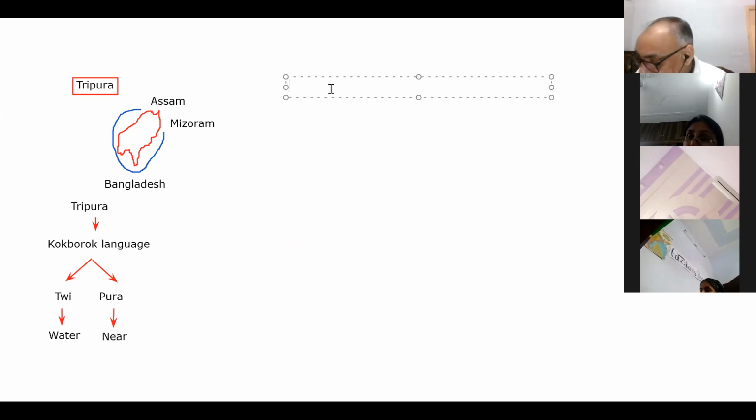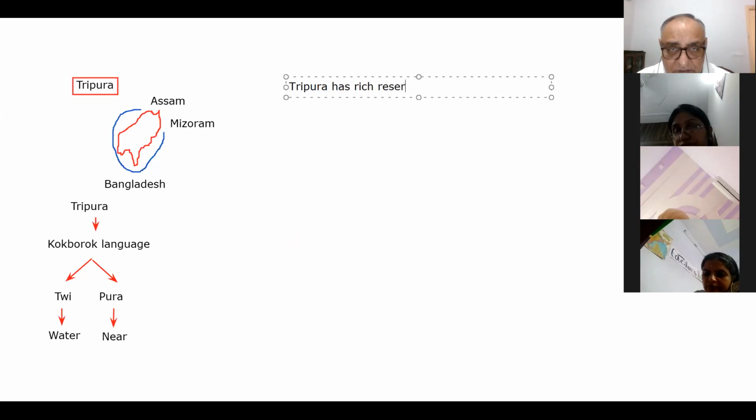Next is beta, Tripura has rich reserves of natural gas.